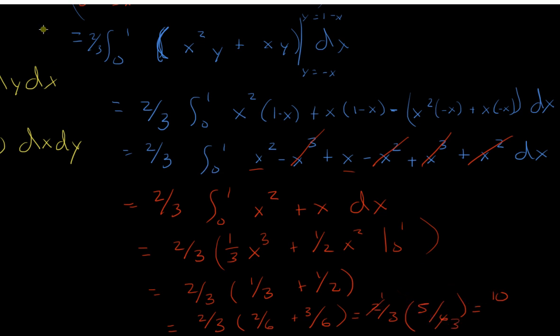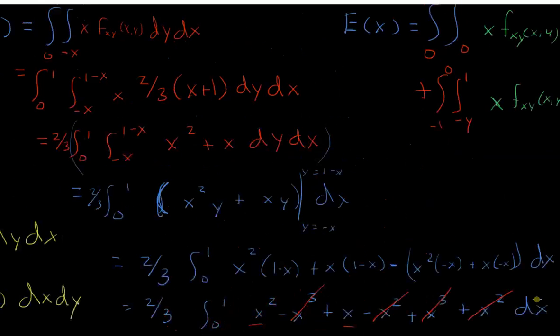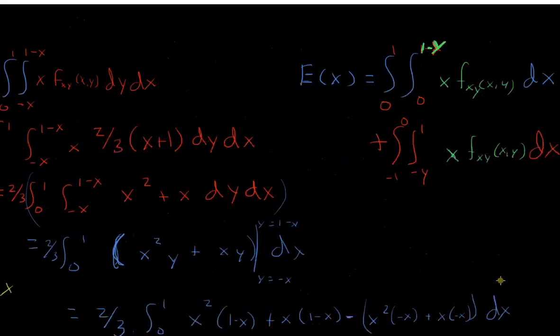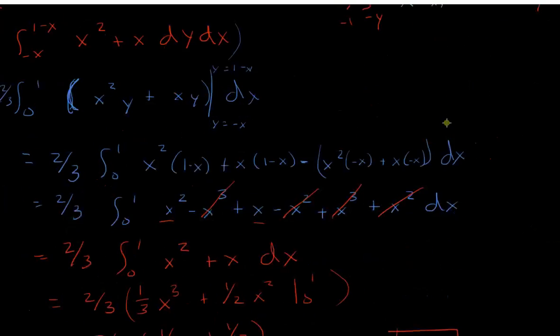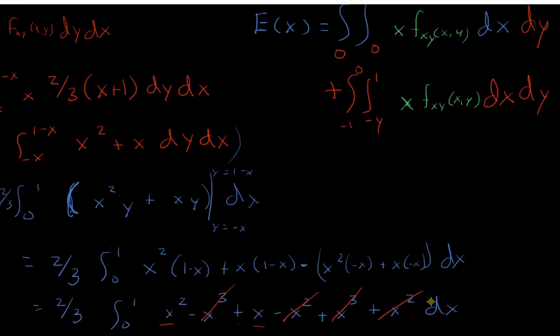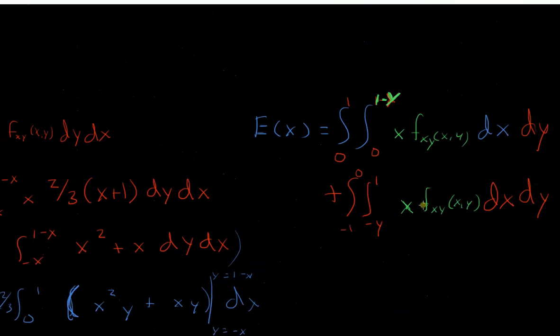Then multiply straight across, so that is 5 over 9, since 3 times 3 is 9. So that is my expected value of x for this problem. And like I said, if you solve this the other way, you should also get 5/9. If you want to do that and post your answer, that'd be super awesome.